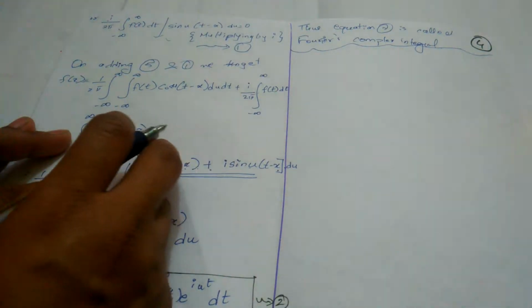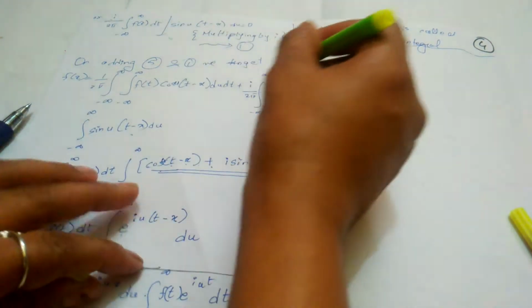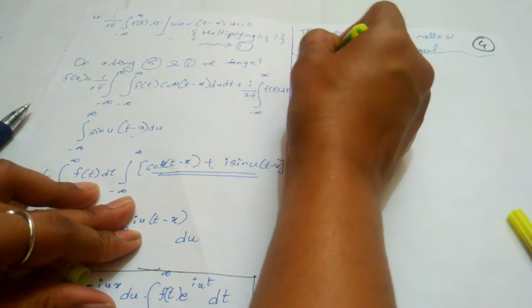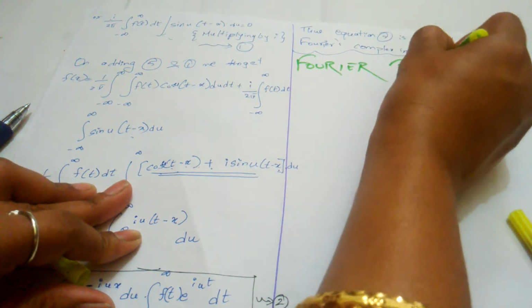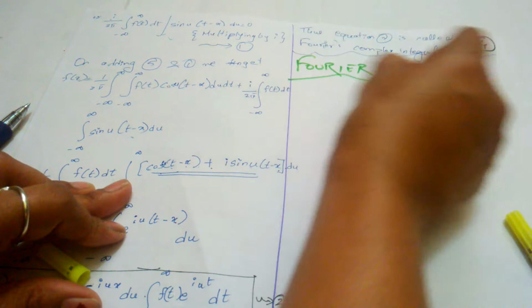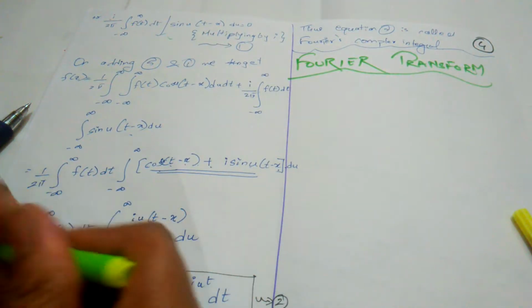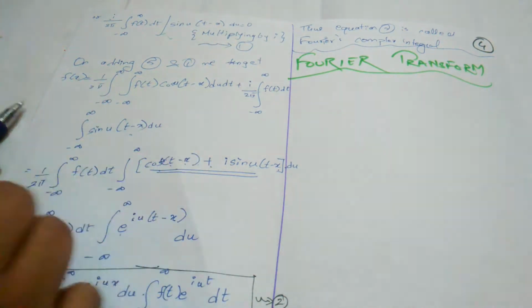Now we'll start with one more new topic called Fourier Transform. Before starting that topic, let's do one recap of our previous proof. As I said, it's a Fourier complex integral. It is a two-step proof from my side.